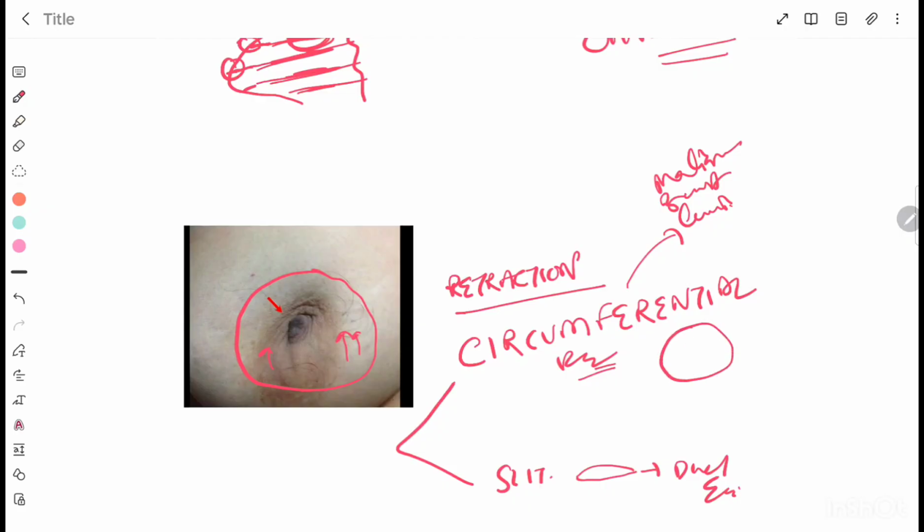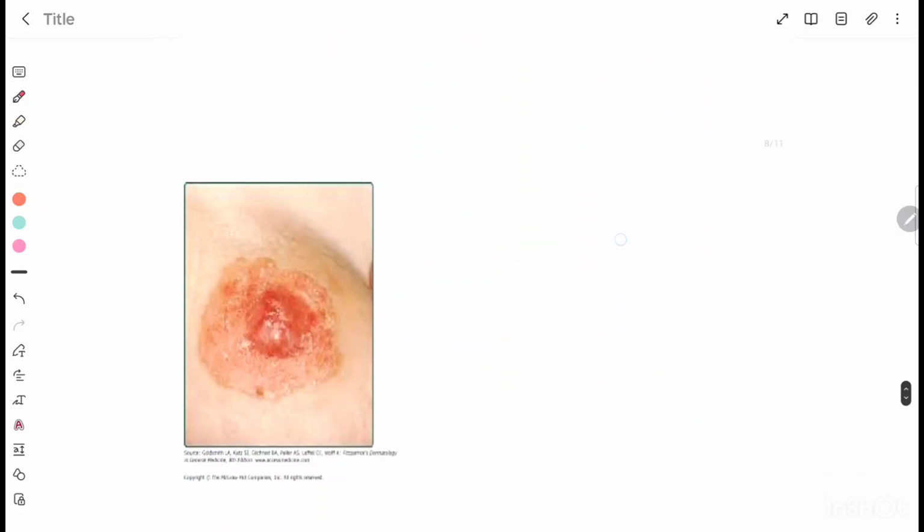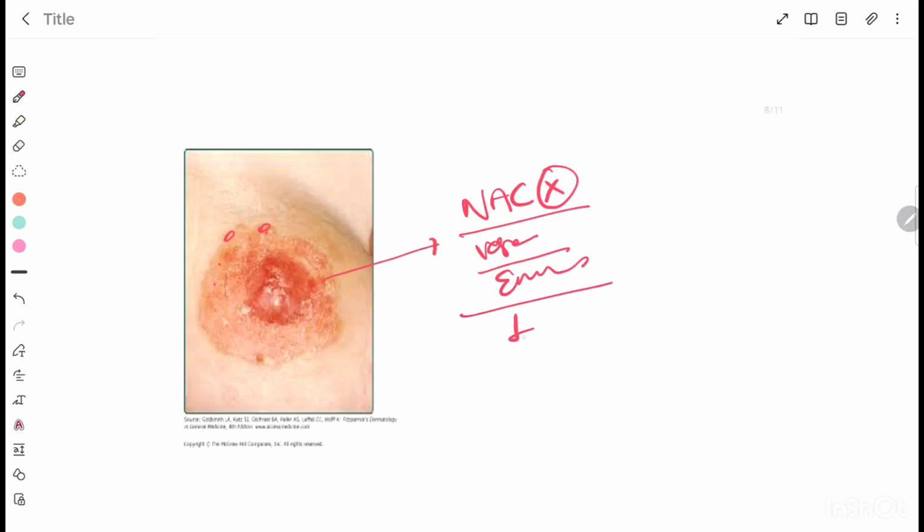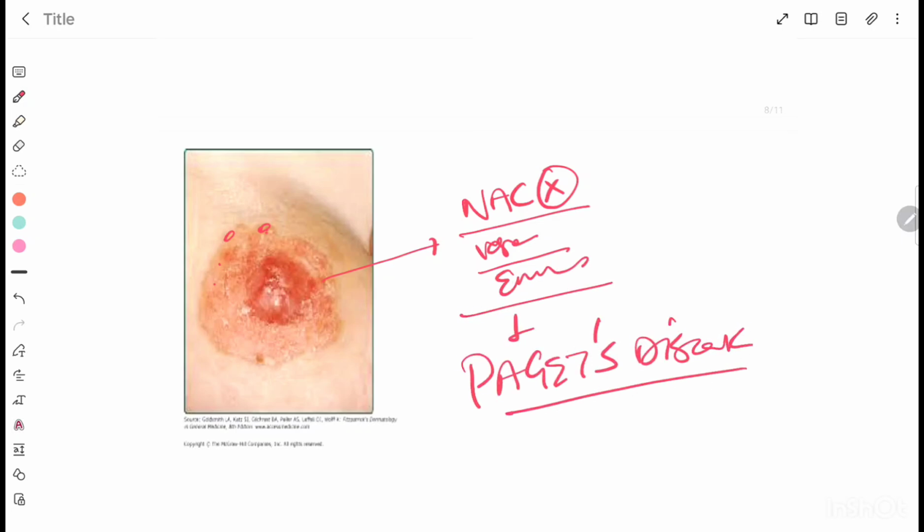So this is the circumferential. Here you can see there is destruction of the nipple areola complex with vesicles and erythema. So this is the classical case of Paget's disease.